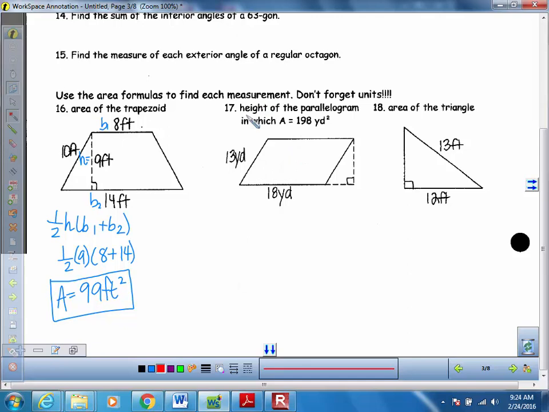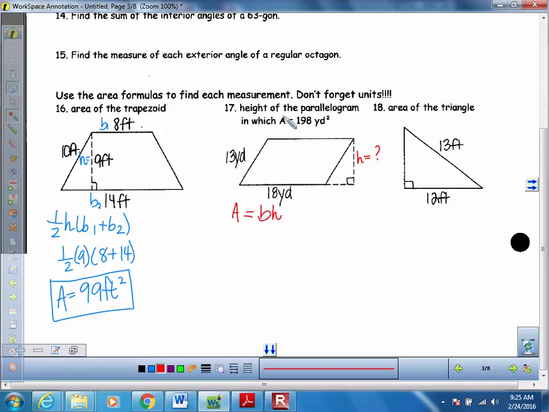Okay, then here they tell us the area of the parallelogram, and they want us to find the height of the parallelogram. So we need this piece right here. The formula for area of a parallelogram is base times height.